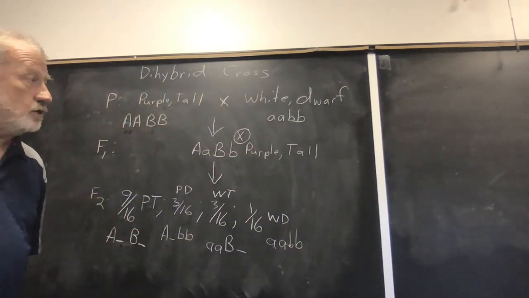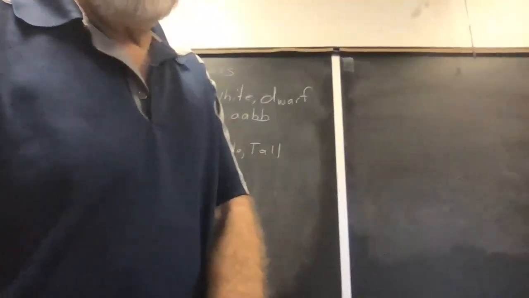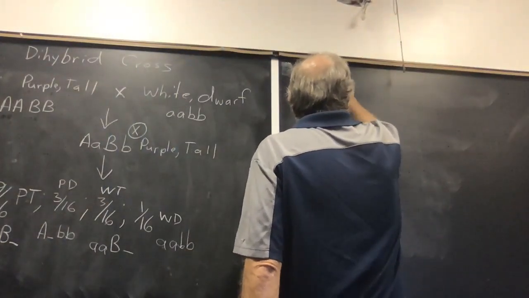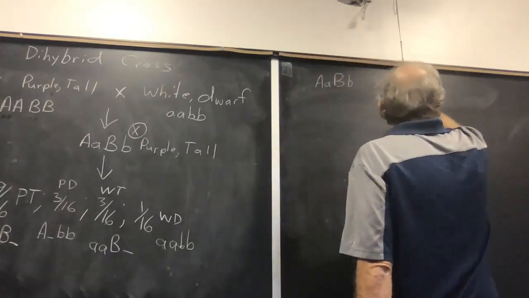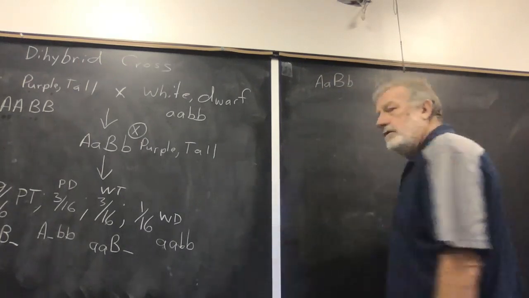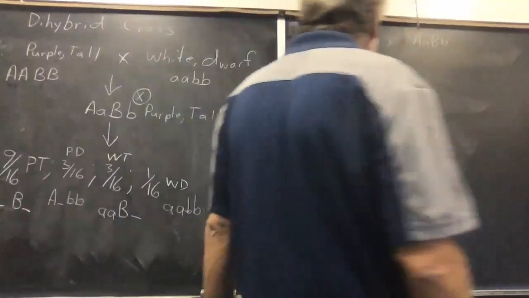So let's do a Punnett square. Now the Punnett square is going to be a bit bigger and a little more cumbersome. So crossing two F1s, which are said to be heterozygous dihybrids. They're heterozygous at both these genes.